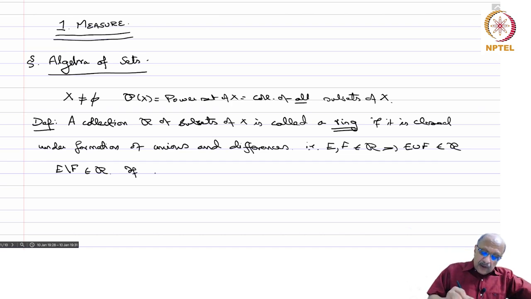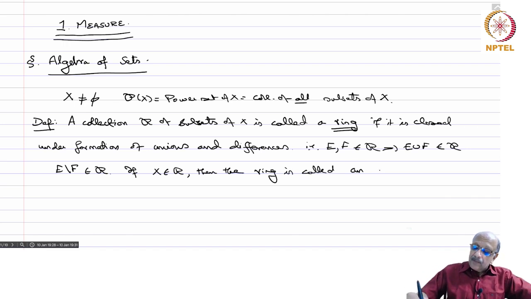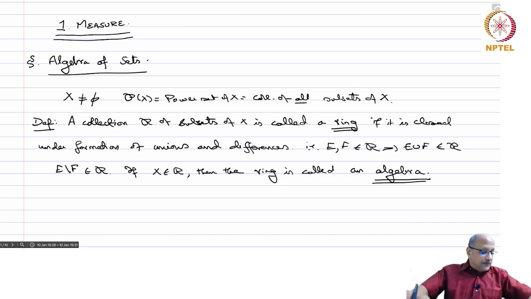If X belongs to R, then the ring is called an algebra. So the algebra is nothing but a ring where the whole set itself belongs. Okay. So now we have a series of remarks. So remark.